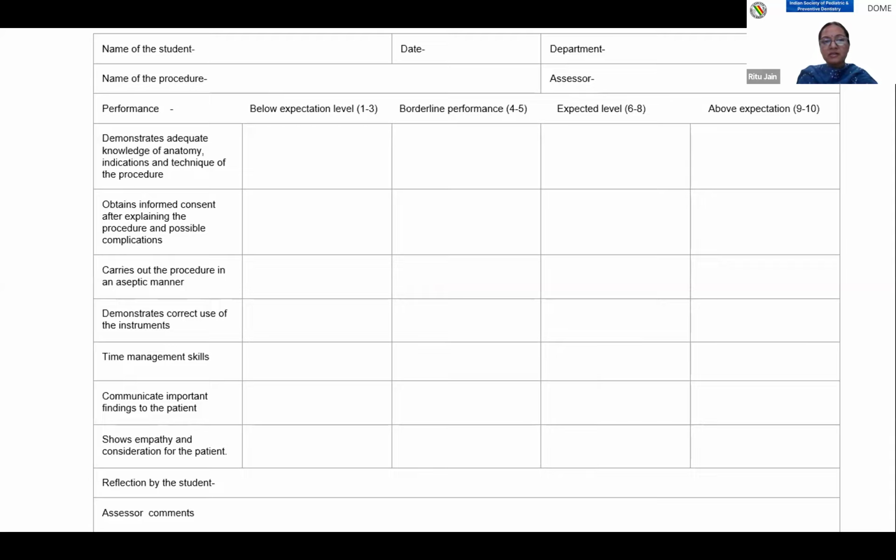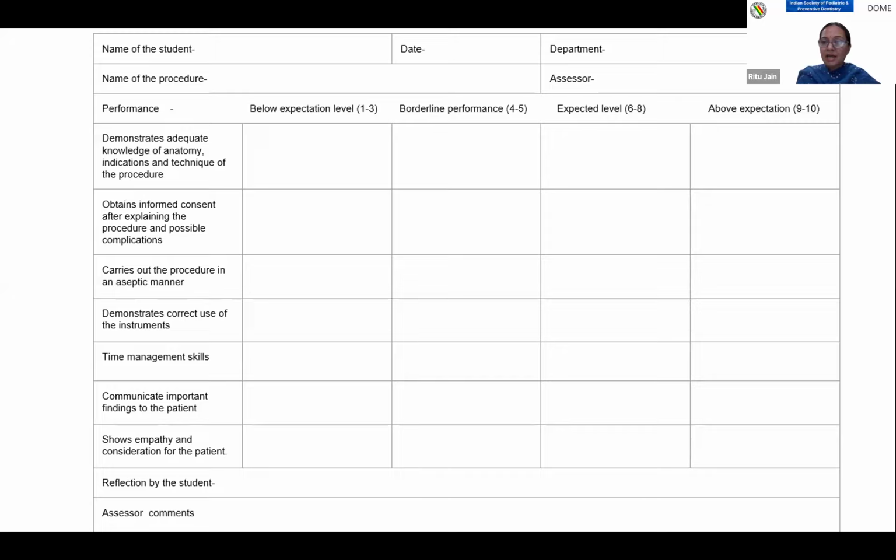The first part is the student demonstrates adequate knowledge of anatomy, the indications, and the technique of the procedure. Second, the student obtains informed consent after explaining the procedure and its possible complications, carries out the procedure in an aseptic manner, and demonstrates the correct use of the instruments.